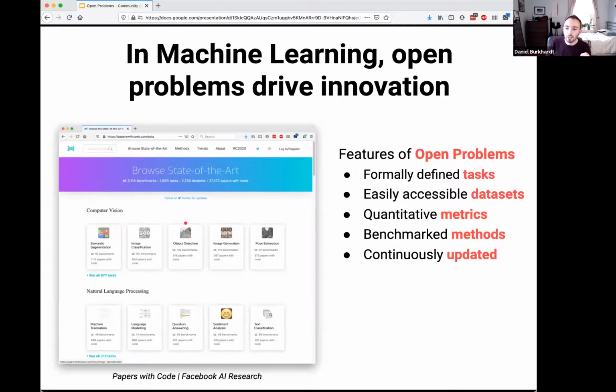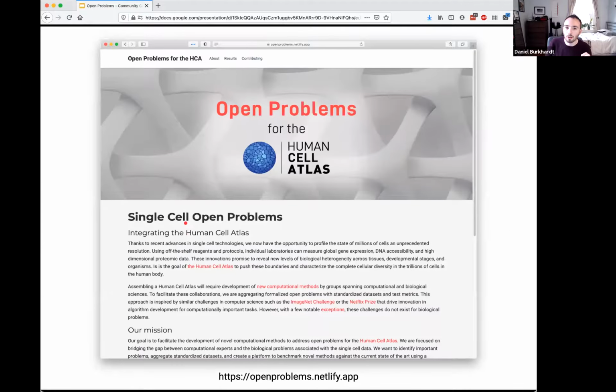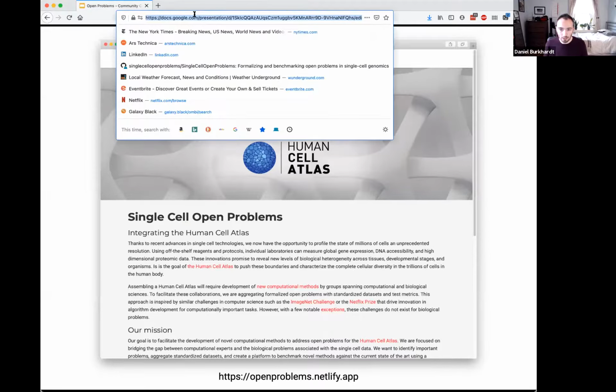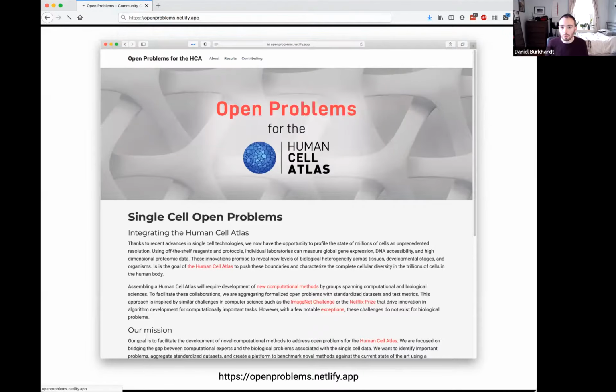There's been a really exciting effort sponsored by the Chan Zuckerberg Initiative to create a publicly available benchmark like this, where you can see how different metrics perform against each other. You can go to this website right now, openproblems.fyi.app.